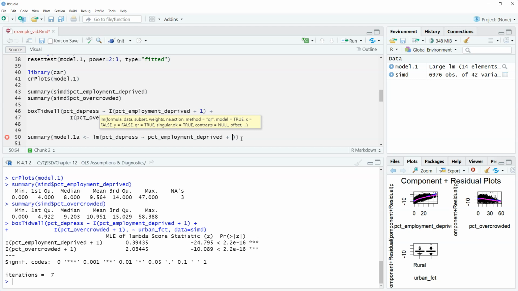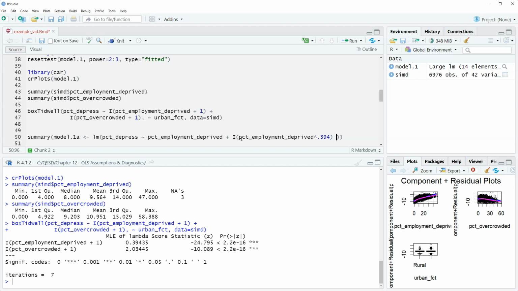plus, I know this is kind of like, oh my gosh, the I function, so this is where the transformation is coming in. Employment deprived raised to, we're going to use that caret 0.39.